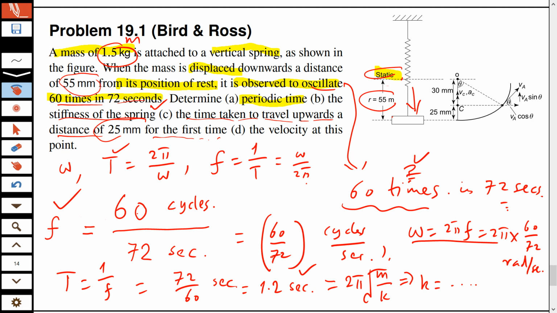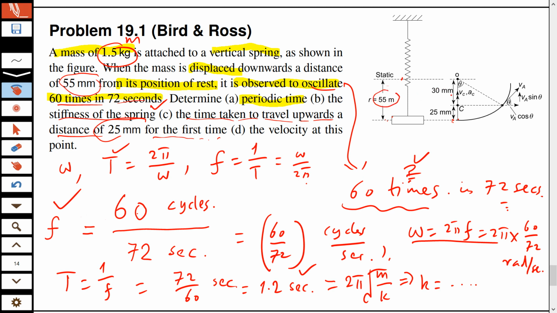The time taken to travel upwards a distance of 25 millimeter, ये इधर से 25 मिलीमीटर, यहाँ तो आ गया, लेकिन यहाँ से 25 मिलीमीटर अपवर्ड जाने के लिए इसको कितना चाहिए डिस्टेंस? अब ये 25 तो इधर से है ना, तो सेंटर से कितना हो जाएगा?